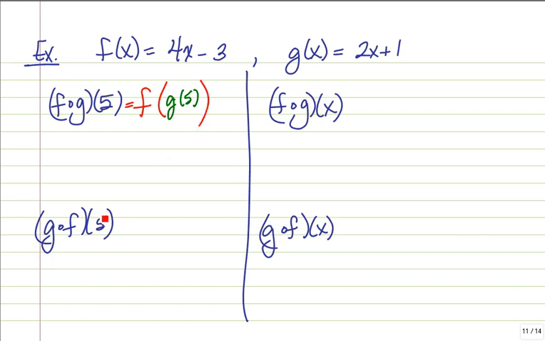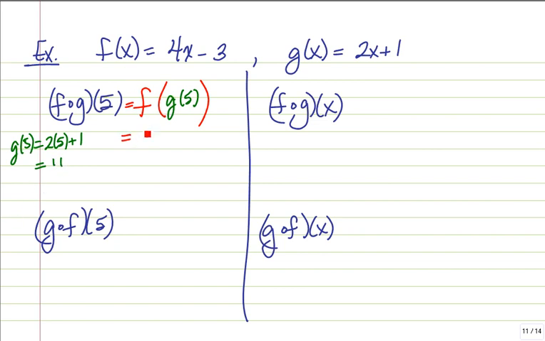So what would that suggest that we need to do? We've got to work from the inside out. So we need to find out what is g of 5. Somewhere on your scratch paper, let's calculate g of 5. Well, g of 5 would mean 2 times 5 plus 1, which is 10 plus 1, or 11.